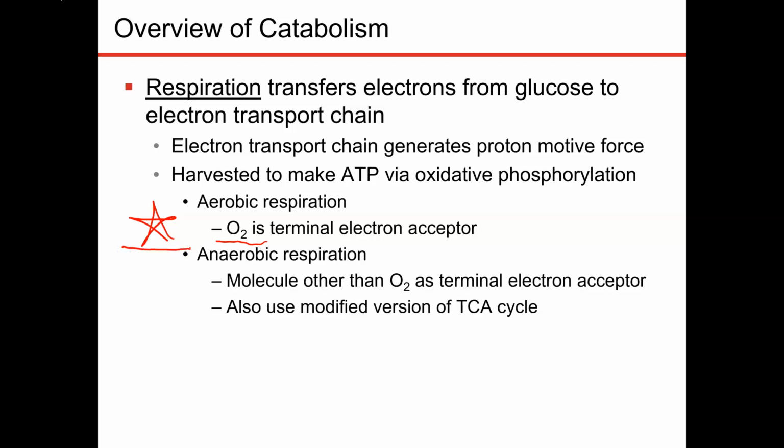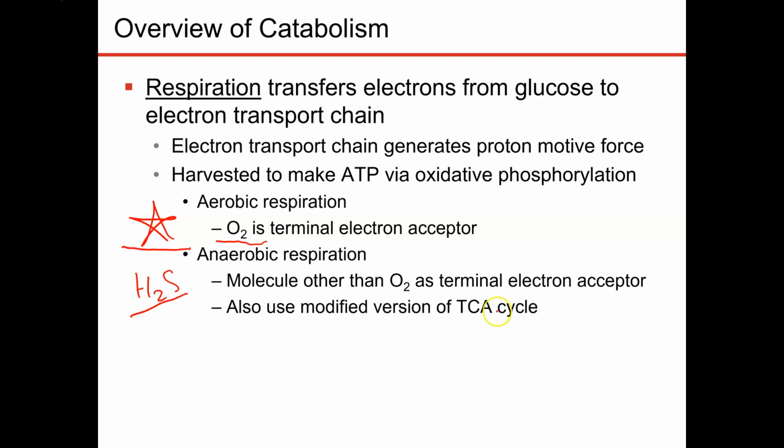There are some that use anaerobic respiration. So in anaerobic respiration, they don't use oxygen as their terminal electron acceptor. They're going to use some other molecule. They might use sulfur as a terminal electron acceptor and produce hydrogen sulfide. That would be an example of something they might produce.